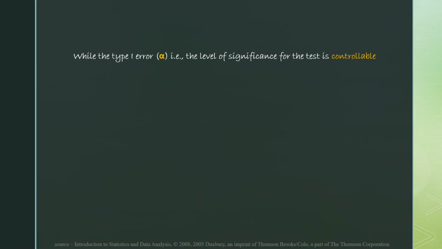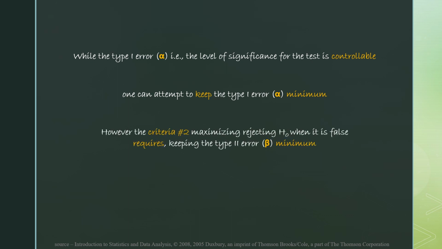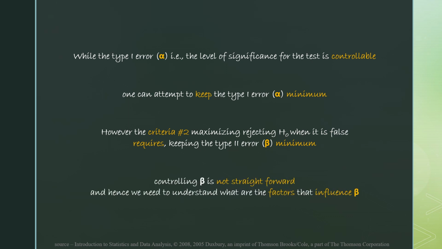While the type 1 error alpha, that is the level of significance for the test, is controllable via the methods that are used to conduct the hypothesis test, one can attempt to keep the type 1 error alpha minimum. However, the criteria to maximizing rejecting H0 when it is false requires keeping the type 2 error, that is beta, minimum. Controlling beta is not straightforward, and hence we need to understand what are the factors that influence beta.